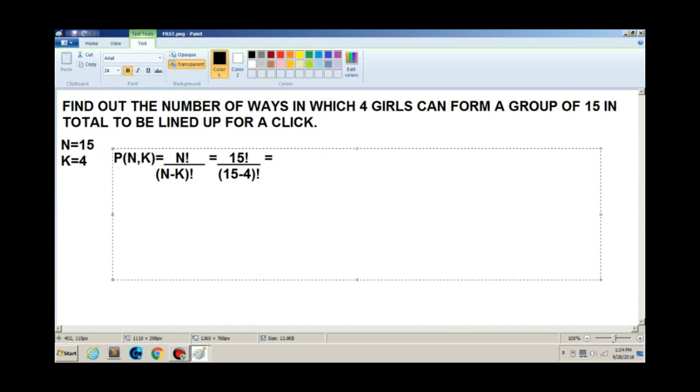15 factorial is equivalent to 15 times 14 times 13 times 12 times 11 times 10 times 9 times 8 times 7 times 6 times 5 times 4 times 3 times 2 and times 1, over 15 minus 4 is 11 factorial.